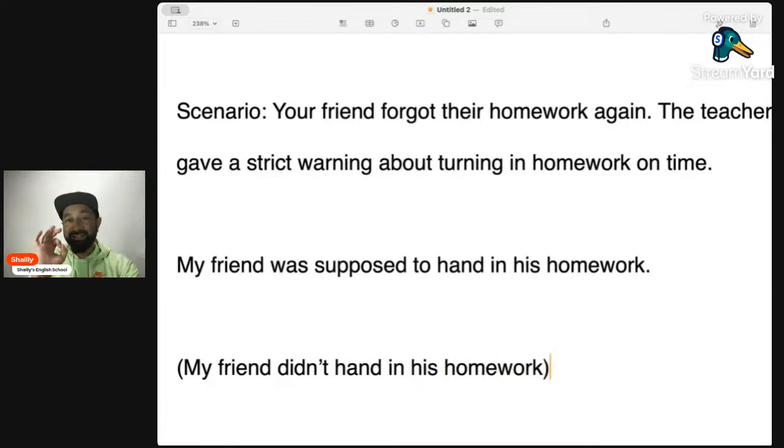Reality is he must do it. He should do it. The teacher told him, give me your homework on time. But he didn't do it. So if there is a plan, but that plan didn't happen, then we can use be supposed to.